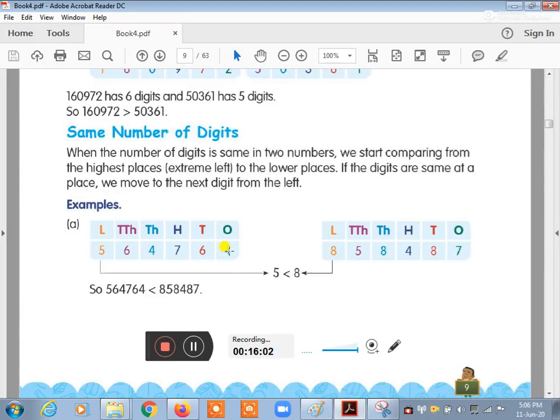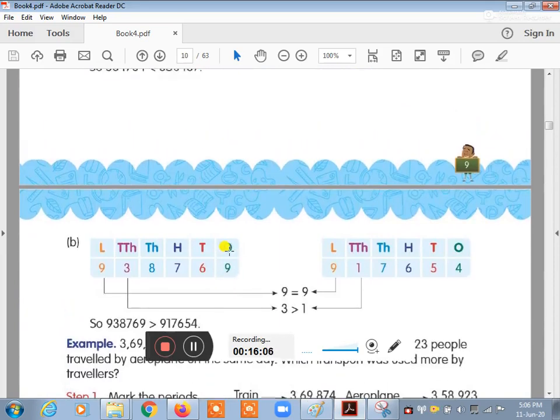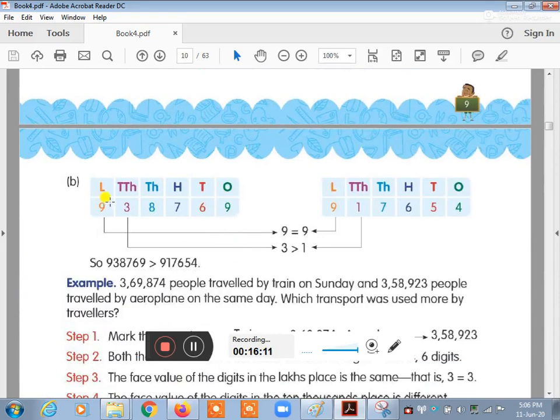Move to the second example. Same, here also a 6-digit number, here also a 6-digit number. So on the left side, in the lakh place we have the number 9. Here also in the lakh place we have the number 9. So both the numbers are equal. So move to the next place value.